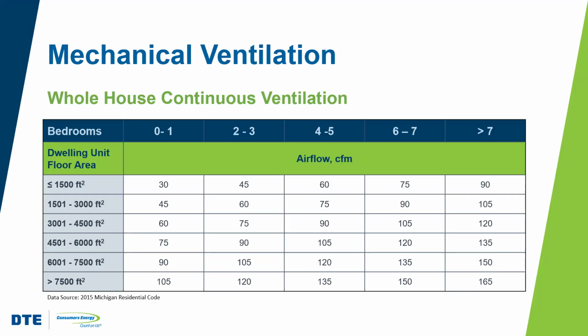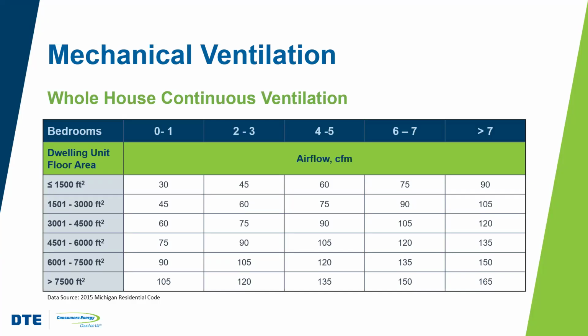Now, because many newer homes have tighter construction, the later versions of the energy code are going to require that homes with infiltration rates less than 5 air changes per hour at 50 pascals use whole house ventilation.